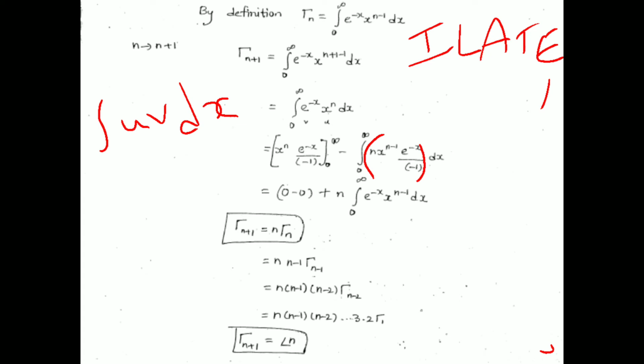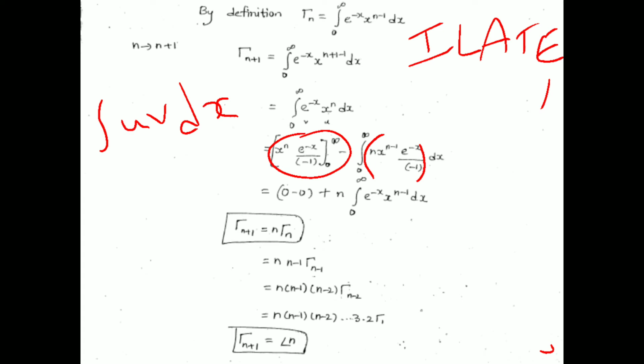Now the interesting thing is that we need to apply limits for this term. Substituting the upper limit, when x is replaced with infinity, we have infinity power n into e power minus infinity. Infinity power n is infinity, and 1 by e power infinity is nothing but 1 by infinity, that is 0.